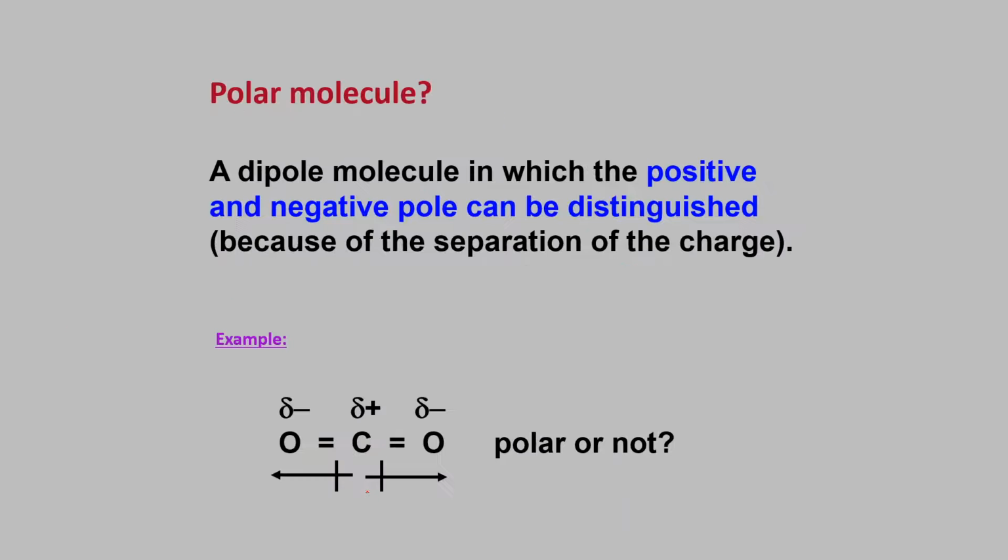Okay, this is about a polar molecule. So we have a negative and positive pole. A positive pole we mark with a plus. So it's just an arrow, and you put the plus at the electropositive atom.